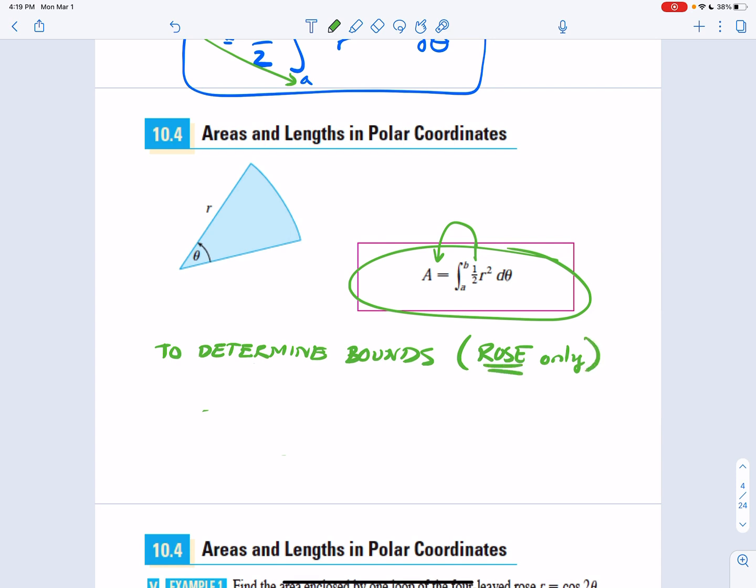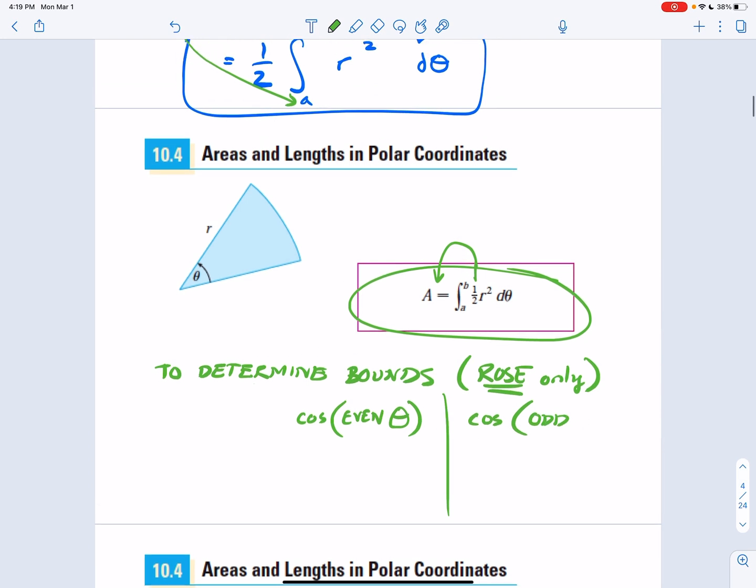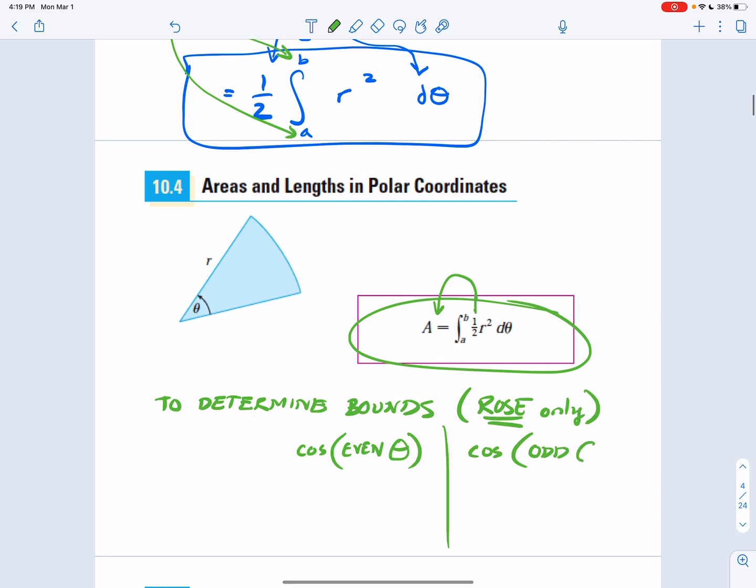Okay? So, and I'll just use cosine here, but it applies to sine as well, okay? If you have the cosine of some even number theta, okay, versus an odd angle theta, okay?